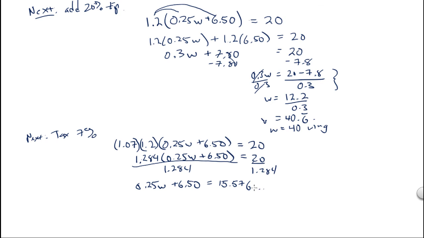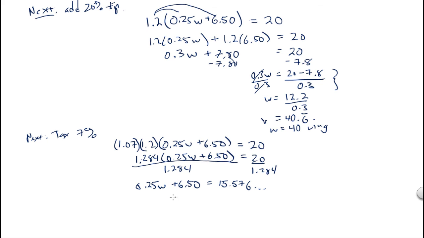Don't round this number here yet. Don't round this 15.576 to any decimals. Keep it in your calculator. Store it in memory or do whatever to keep track of it. That way you won't lose any accuracy from rounding errors. Or you could just save it as 20 divided by 1.284, and then do the calculation last.